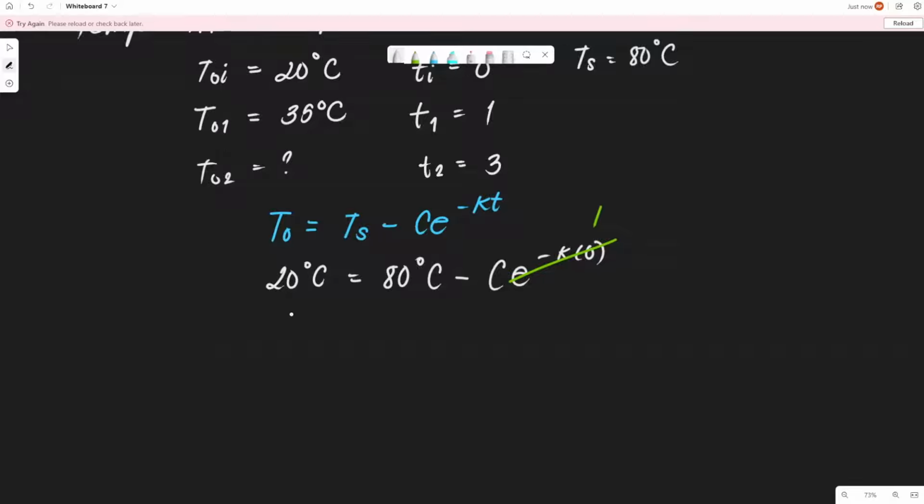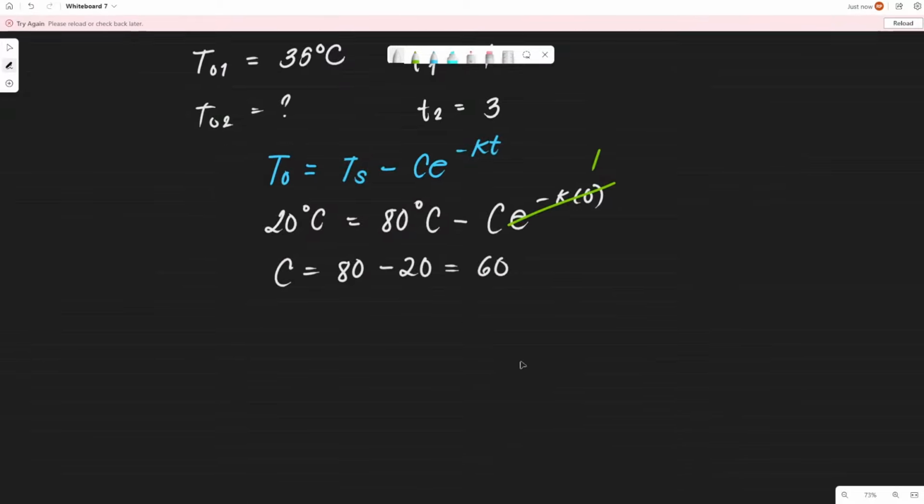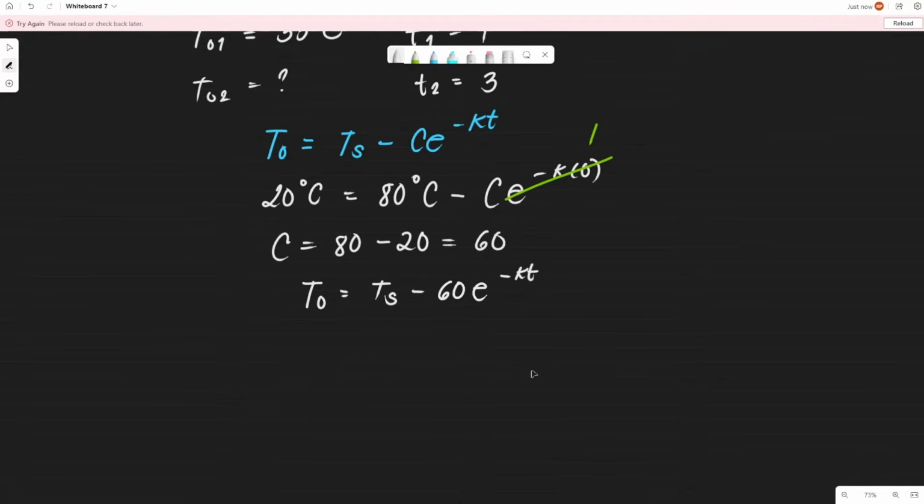Therefore, C is equal to 80 minus 20, which is 60. So the value of C is 60. Translating into the working formula, T is equal to Ts minus 60 e raised to negative kt. By the way, Ts is 80; we will substitute it later.